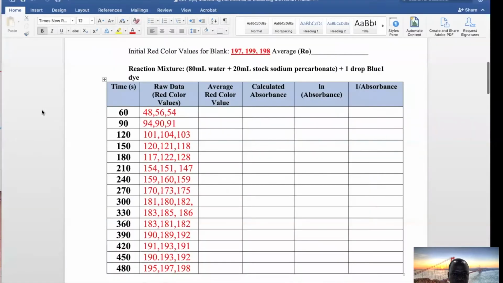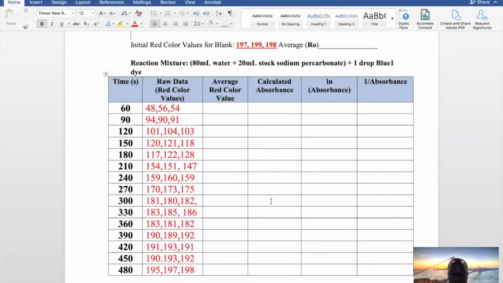Once you get the absorbance values, you will determine the natural log of the values you have calculated for absorbance, abbreviated as APS, and the reciprocal of it.